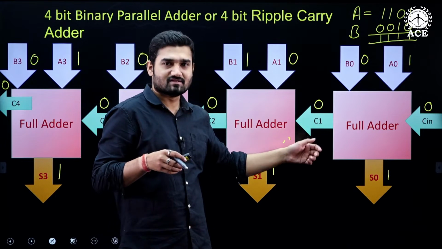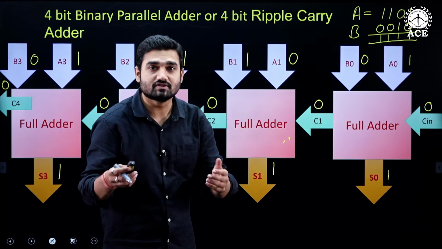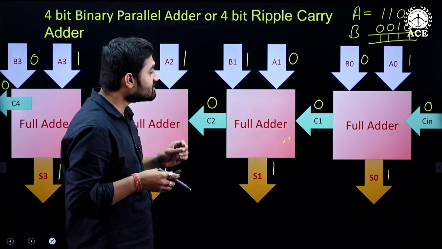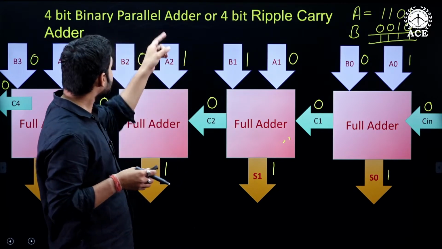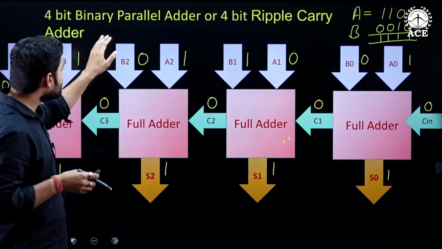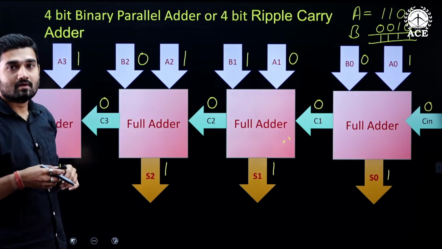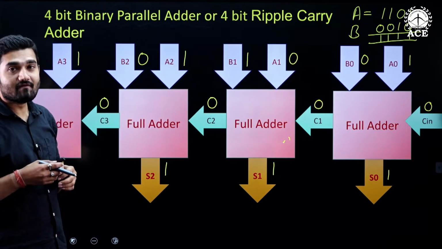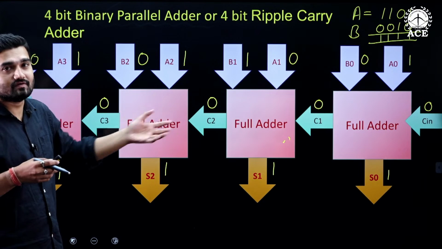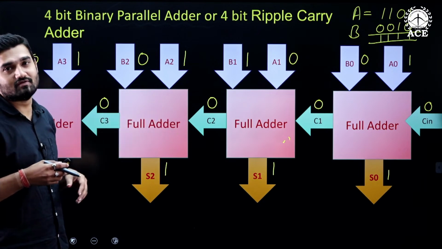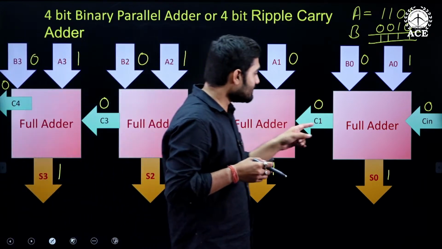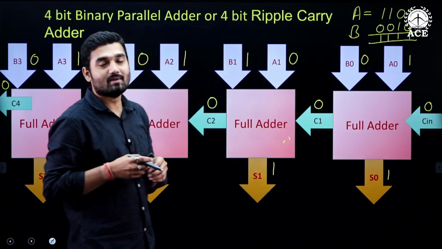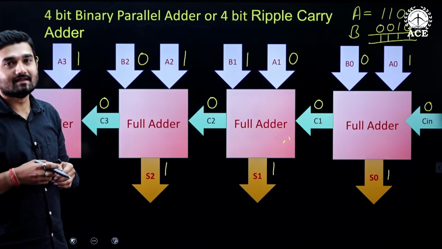When you really want to dig into this, they may ask like this: in this 4-bit binary parallel adder, how many full adders can we use? You can say 4. How many half adders can you see over here? Can you tell me, a full adder is a combination of how many half adders?